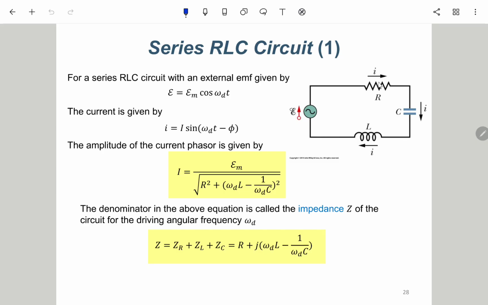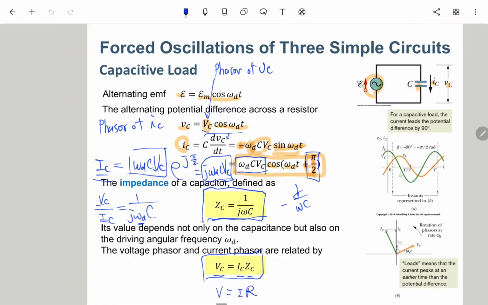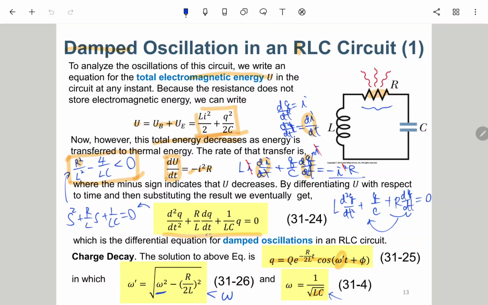The order isn't really important. But here we try to connect to an alternating EMF. The idea here is it is different from the oscillation. The oscillation is like this figure.